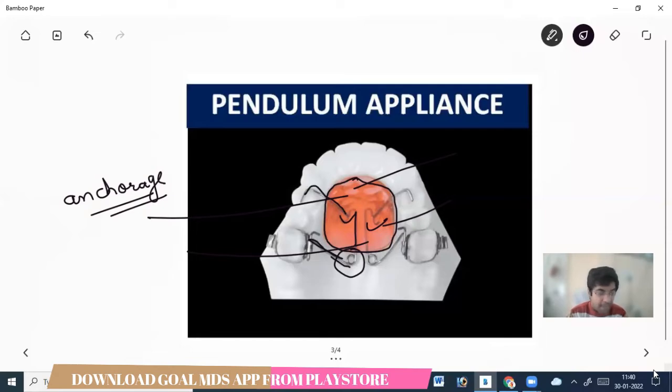So what would this appliance do? What you will see is the appliance will produce a swinging arch or pendulum of force from the midline of the palate to the upper molars. So this distalization is produced by opening the helix, forcefully engaging the distal ends into the sleeve.